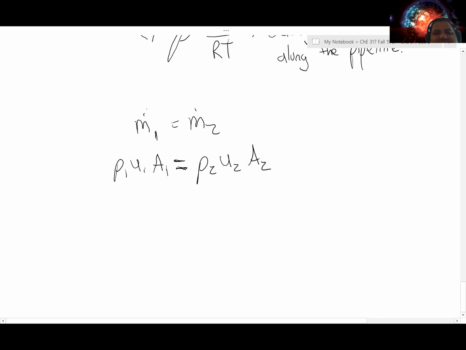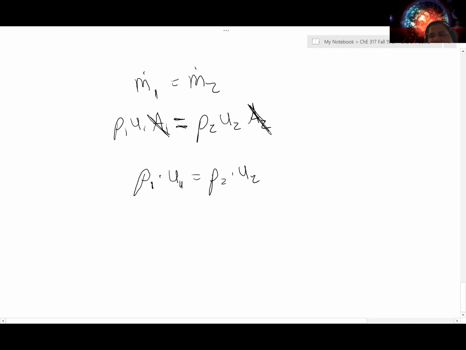So if I have the same pipe diameter, I'm left with density 1 times velocity 1 is equal to density 2 times velocity 2. So what's going to happen to the velocity of our gas as we move along? The velocity will increase.